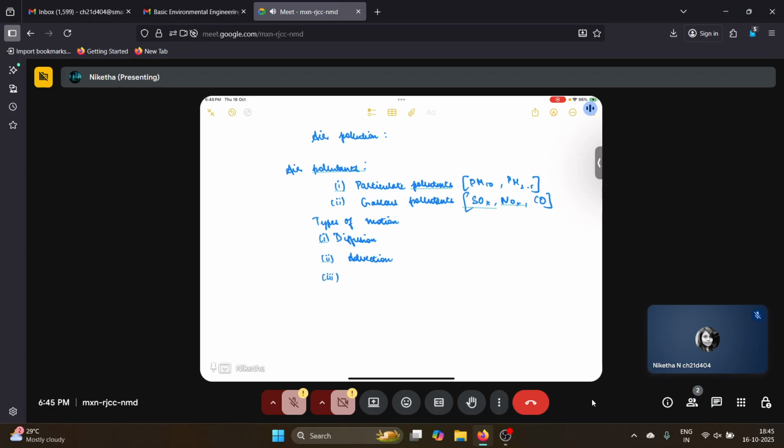The third is convection, which is a combination of diffusion and advection. The difference between diffusion and advection is that diffusion happens due to concentration gradient or concentration difference, whereas in advection the pollutant moves because of some velocity or some kind of force.